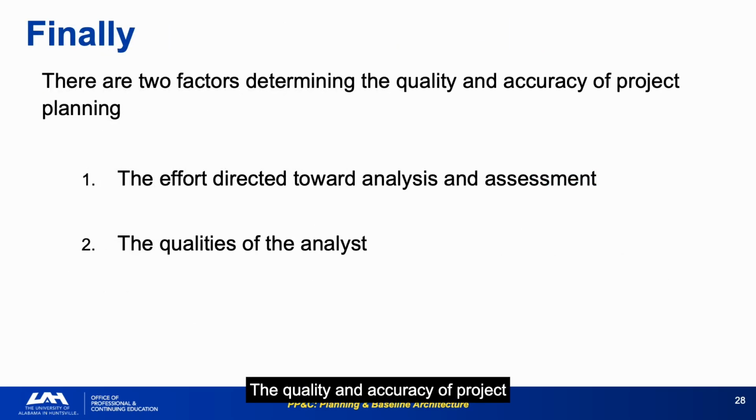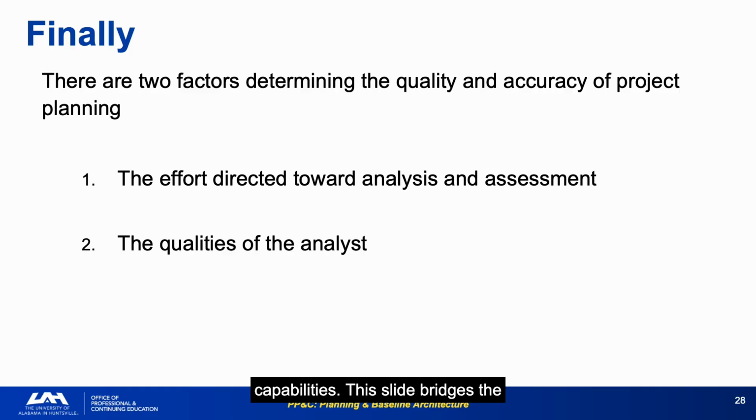The quality and accuracy of project planning is determined by 2 factors: the effort directed toward analysis and assessment, and the qualities of the analyst performing that work. To connect the 2 modules just completed, budget formulation, Module 2, and budget execution analysis, Module 3, are both analytical activities. The quality of the analysis depends directly on the analyst's capabilities.